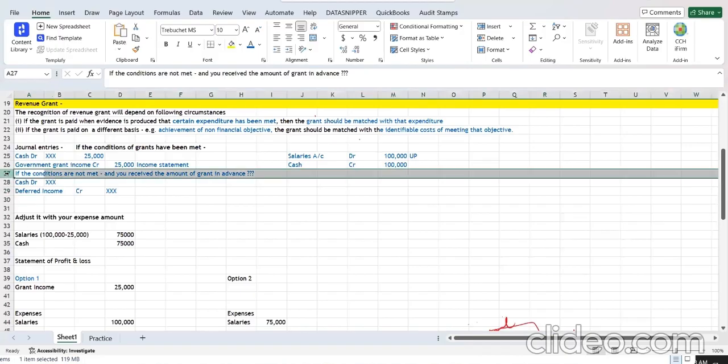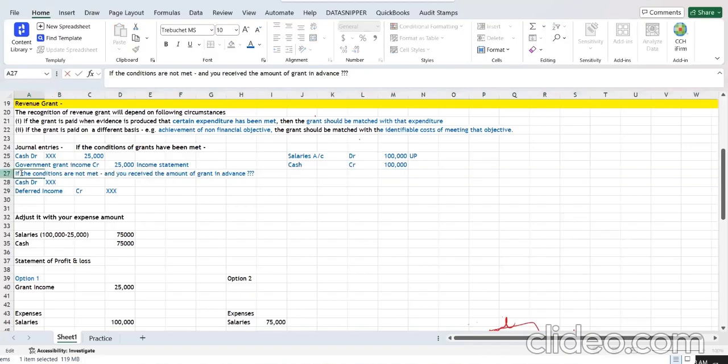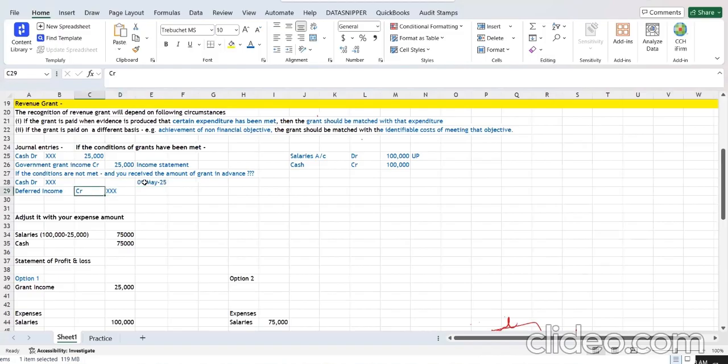When the conditions are met, like for example, this you recognized on May 1st, 2025, you received the money and the conditions are not met, right? But for example, on December 1, 2025, the conditions are met. So what will you do?